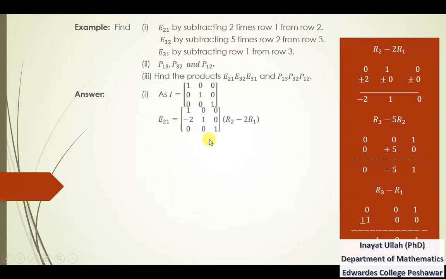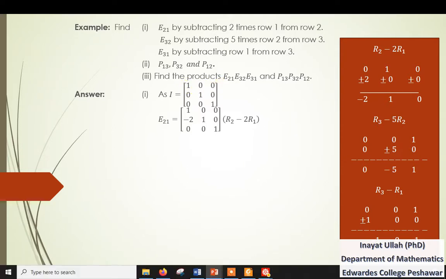So we write row 2 first, which is 0 1 0, and multiply row 1 with 2, which becomes 2 0 0. E21 is obtained by subtracting 2 times row 1 from row 2, so we write R2 minus 2 R1 as the side work.